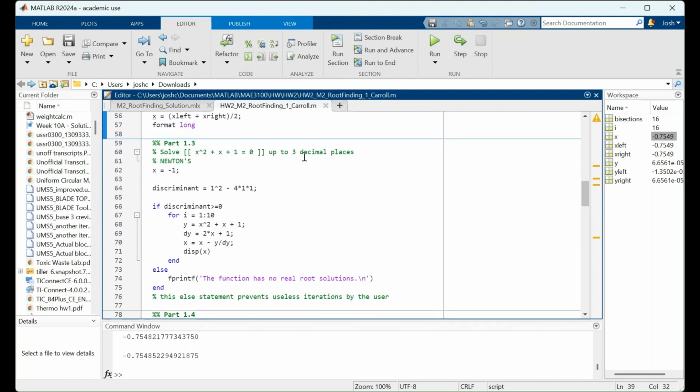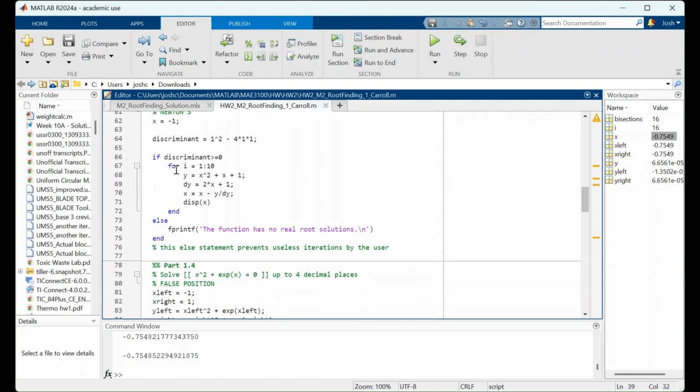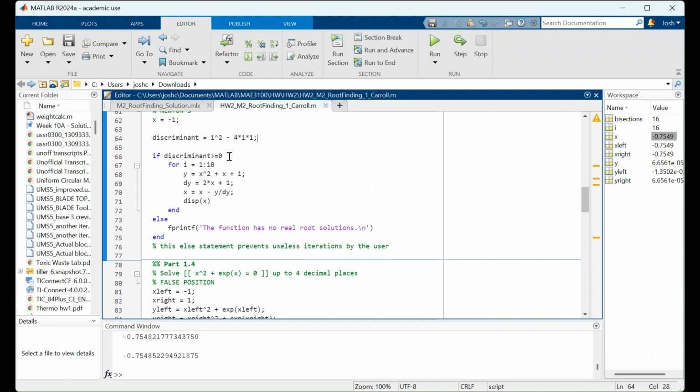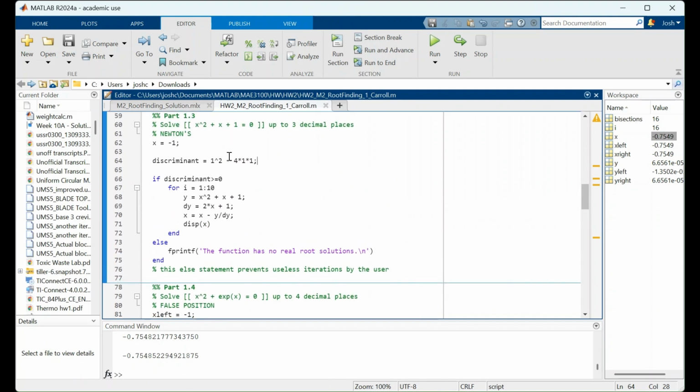1.3 asks us to solve this. I chose to use Newton's. However, there's no real values. And you can see that your discriminant here yields a negative value. 1 minus 4 is negative 3.